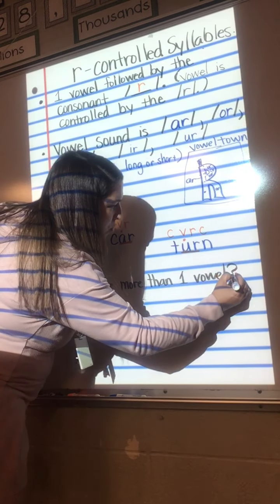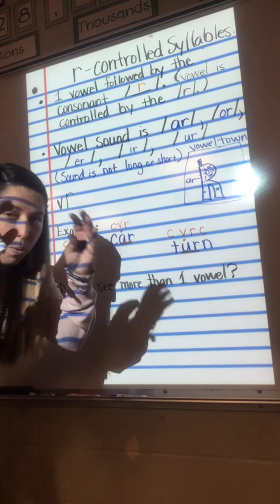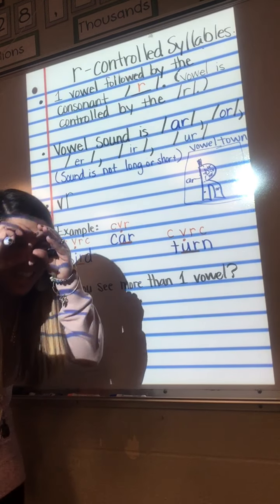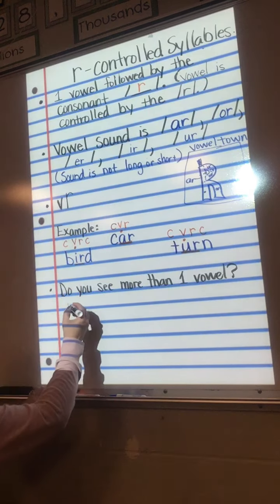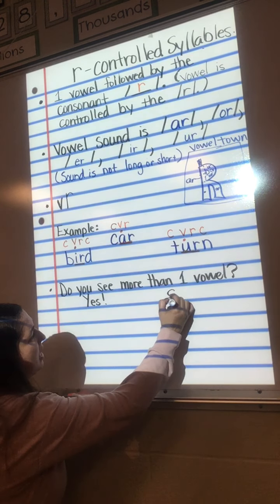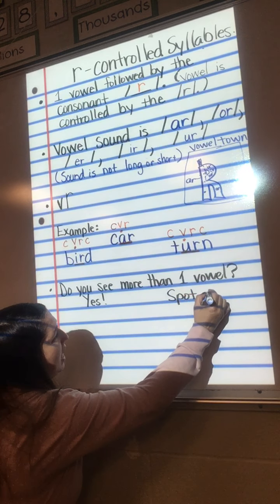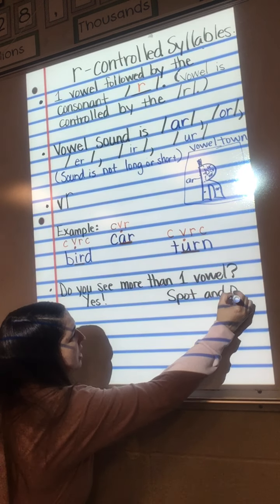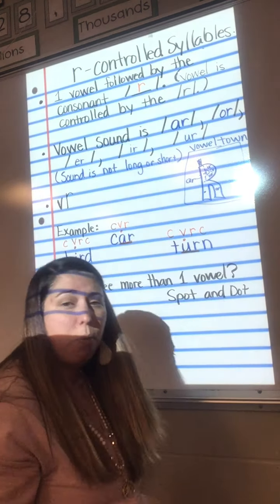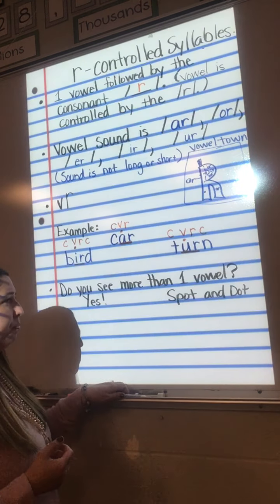Every time we hear more than one vowel, we're going to do what? We're going to spot and dot. So we're going to say yes, and then we're going to spot and dot. Okay? So I have some words that we're going to spot and dot together.